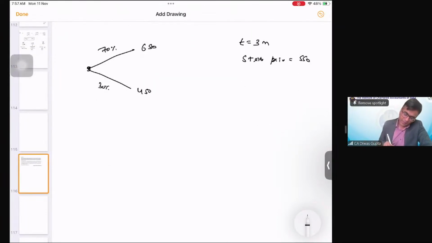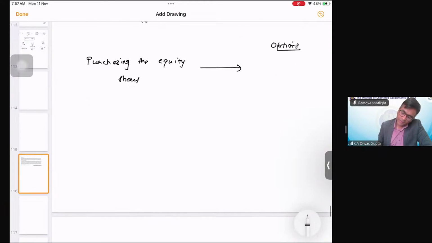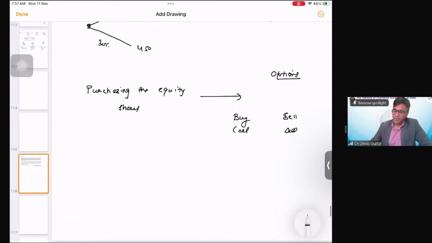If the investor is interested in purchasing the equity shares, what action should the investor do in the options market, whether he should buy a call option or sell a call option? Come on, students, tell me. Sell a call option.